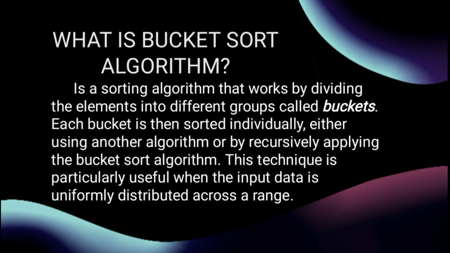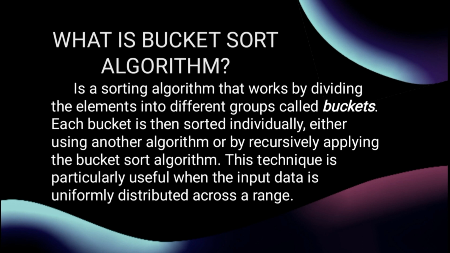Once the elements are distributed into buckets, each bucket is individually sorted. This can be done using another sorting algorithm like insertion sort, quick sort, or even recursively applying the bucket sort algorithm. After sorting all the individual buckets, the elements are concatenated back into a single sorted sequence.